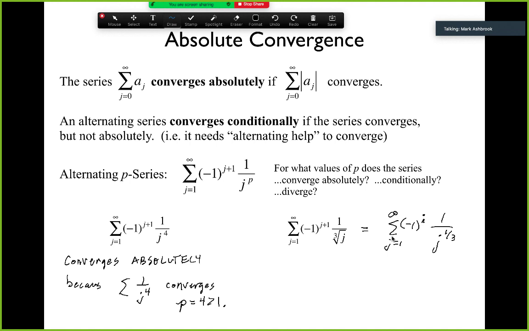And by what reasoning does this series converge? It converges because of the alternating help. Right, alternating series test. These are positive terms decreasing to 0, and it alternates, therefore it converges by the alternating series test.